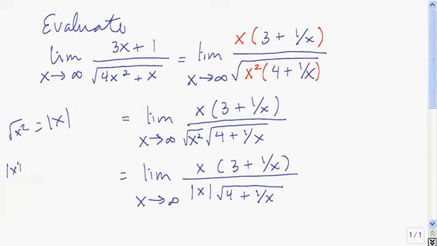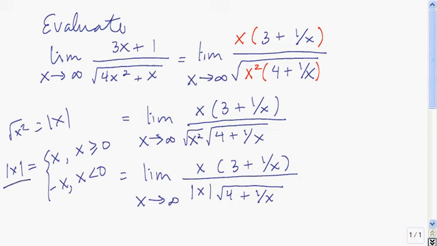We can rewrite the absolute value of x as a piecewise function. It's equal to x if x is greater than or equal to 0, and negative x if x is less than 0. So again, x is going to infinity, so we're concerned with positive values of x.